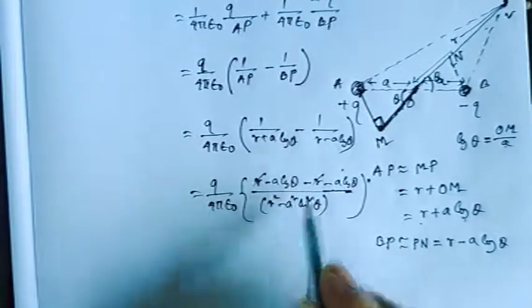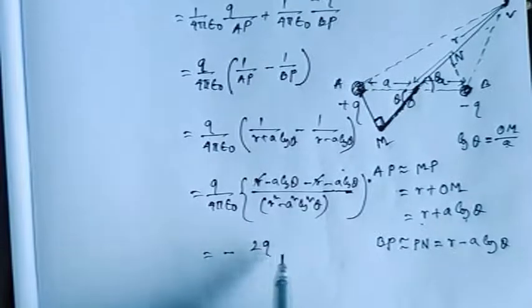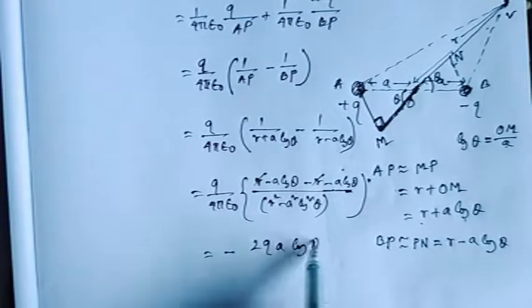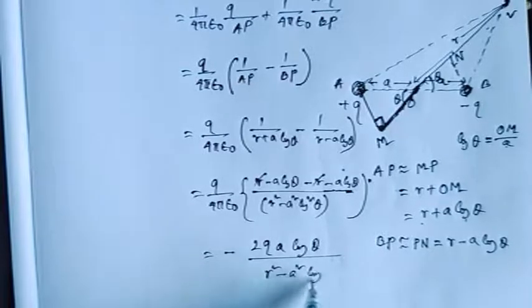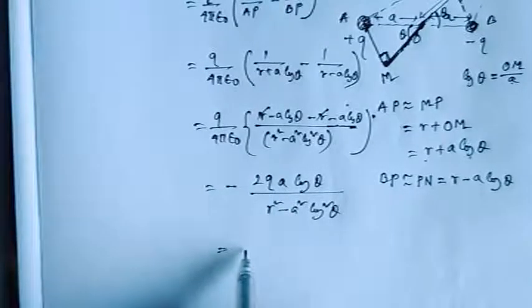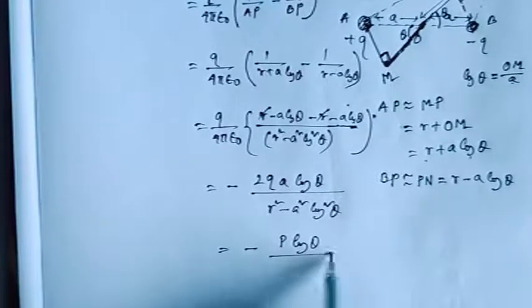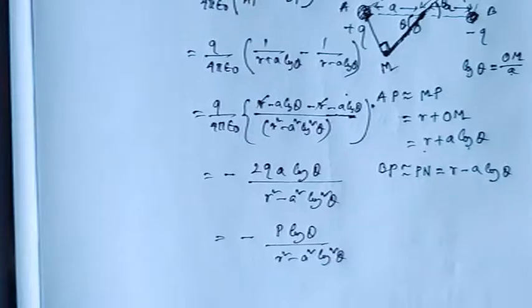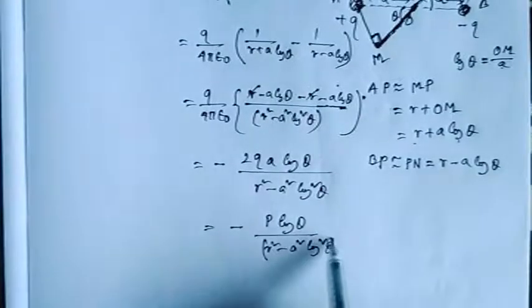Therefore plus R minus R cancel out, so it will be minus 2QA cos theta by R square minus A square cos square theta. Now 2QA is nothing but P, therefore P cos theta by R square minus A square cos square theta.